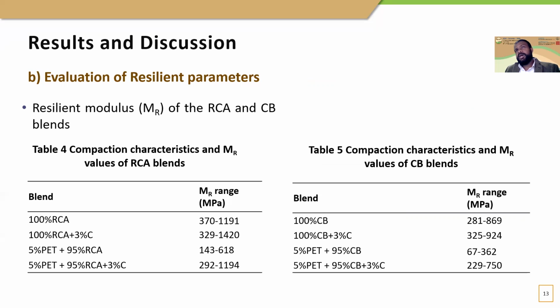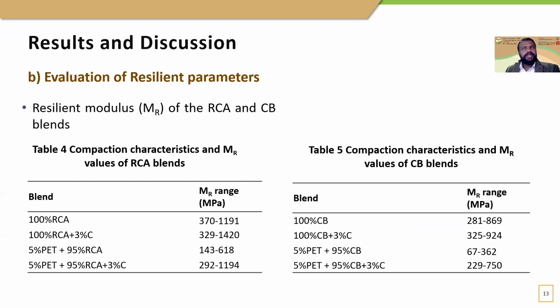CB shows a higher finer particle percentage and flakiness index value than RCA. Materials which have particles with high flakiness index and high finer percentages increase the surface area of the total material mixture. Such samples in stabilized conditions require more cement volume per contact material grains for the same cement content, hence resulting in low resilient modulus values.